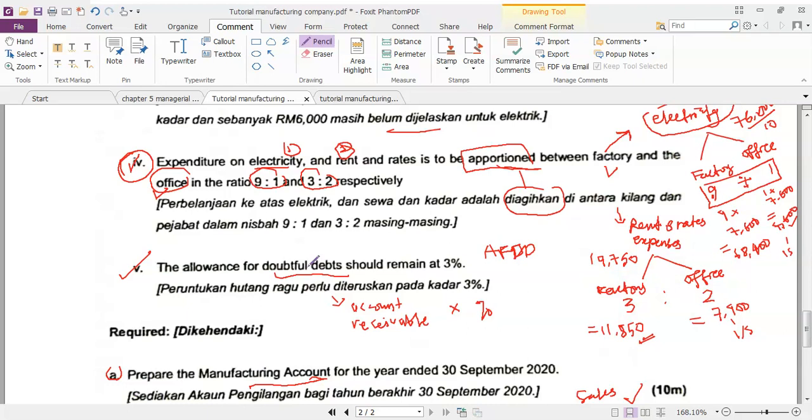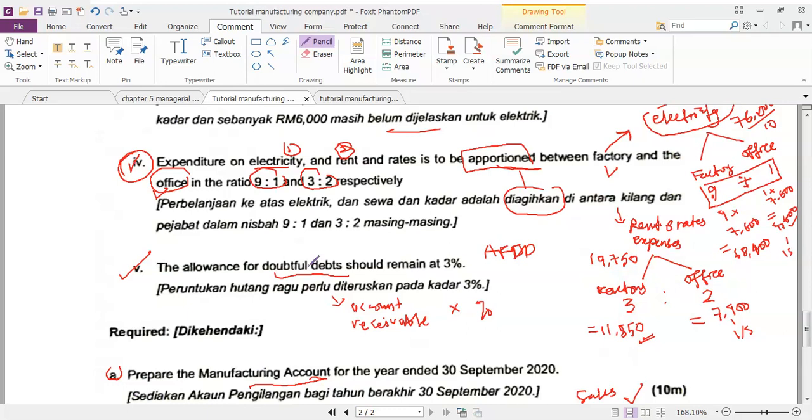Whether everyone will really pay or not. So in accounting we should calculate the allowance for doubtful debts. It means that our company is not confident. The percentage of allowance for doubtful debt is the percentage of account receivable that our company is not confident will pay back their debt.